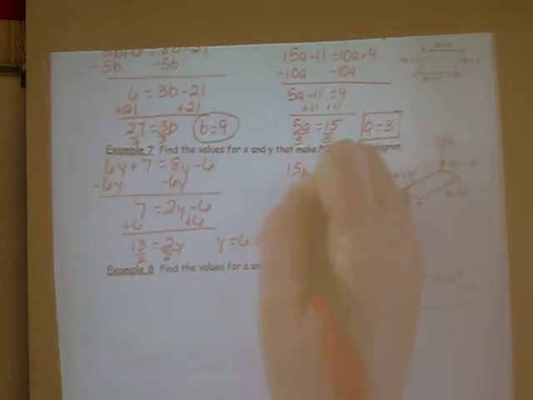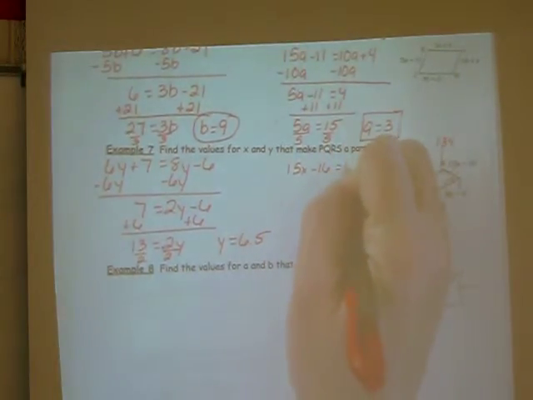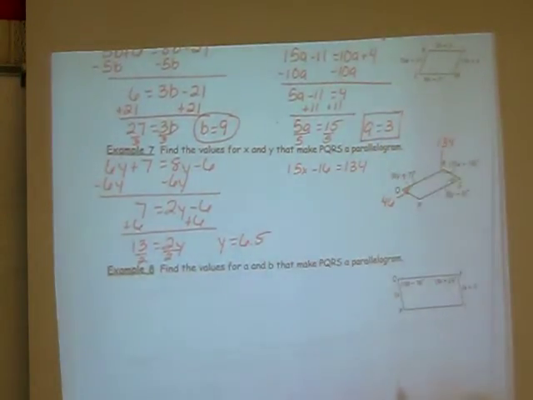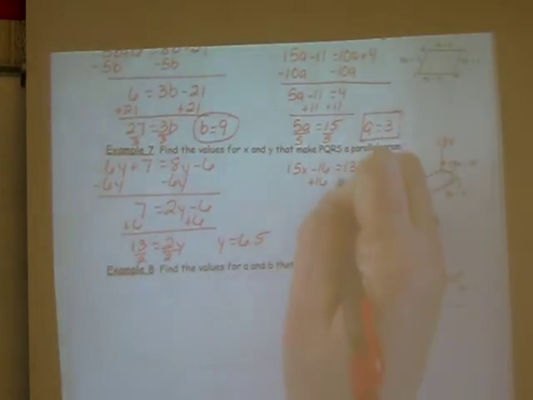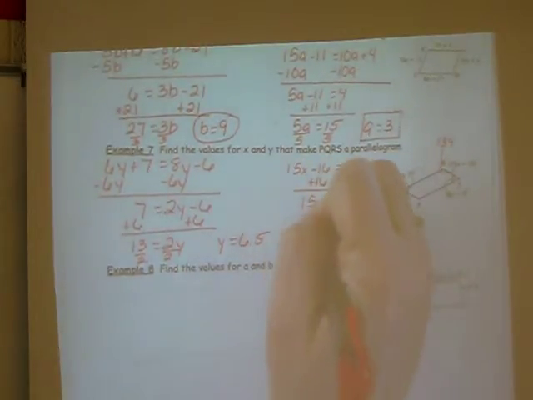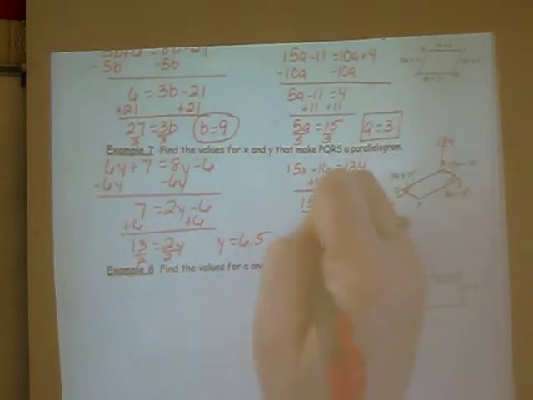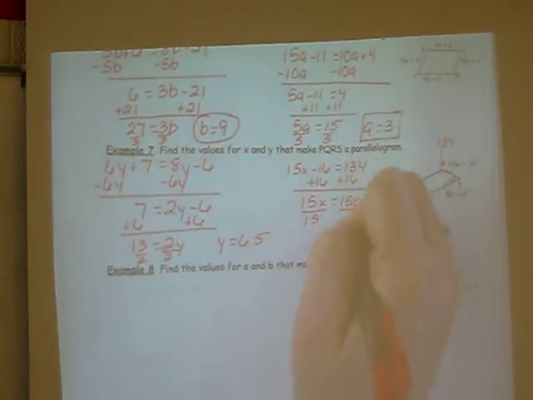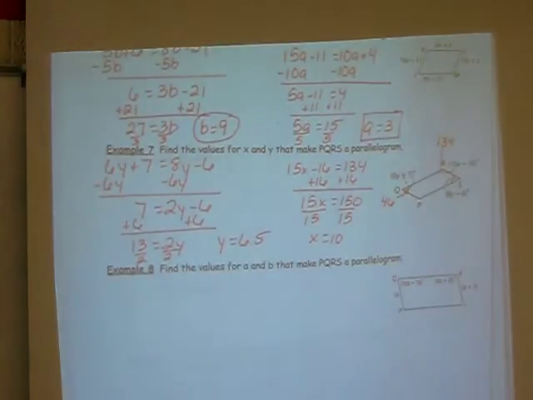And we can do 15x minus 16 equals 134. Then we add 16 to both sides, and we have 15x equals 150. When you divide both sides by 15, you are left with x equals 10.